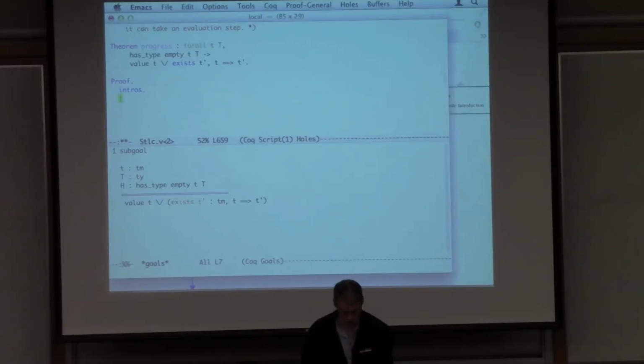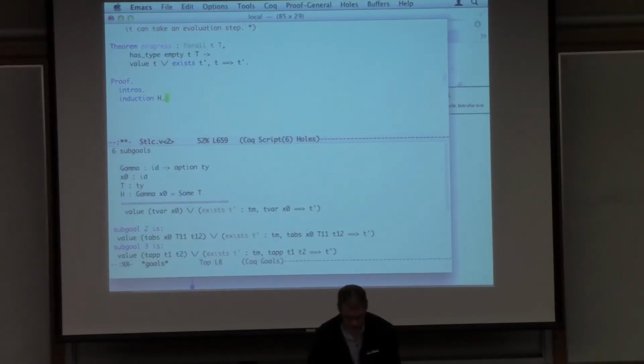Okay, so how shall we begin, really? Induction. Induction on, what's it called? H. Okay, we've got a lot of sub-goals. Could we tidy this up just at the outset?